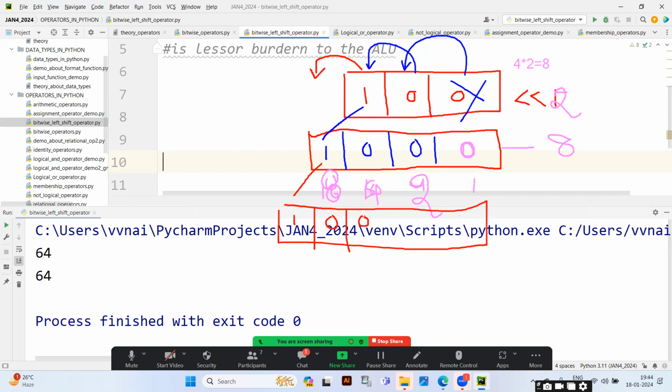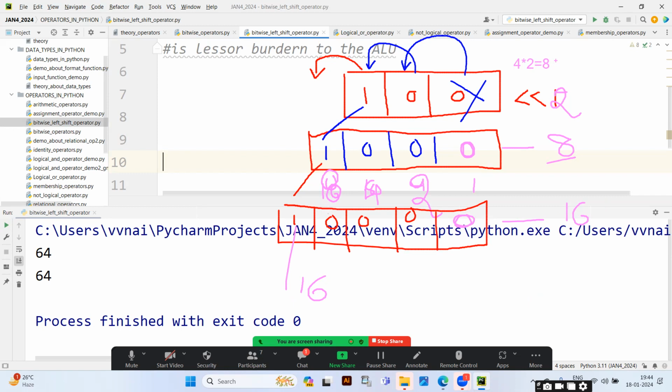This 0 will come to here. This 0 will come to here. The last position is going to become vacant, so it is going to be pushed with a 0. Now 8 is going to become 16 because the position of this 1 is 16. So 2 times left shift becomes 16. Multiplying 4 into 4 is also 16 only.